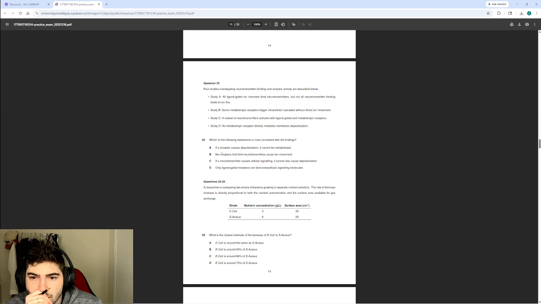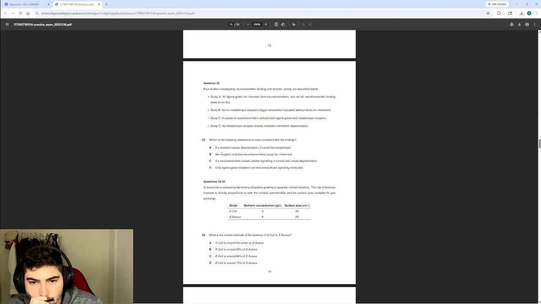All ligand-gated ion channels bind to neurotransmitters. Again, I'm assuming they're the receptor, but not all neurotransmitter binding leads to flux, so maybe some do. That would have to bind a signaling molecule. So I guess I like D for that.